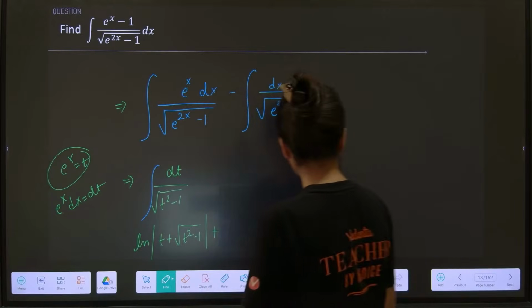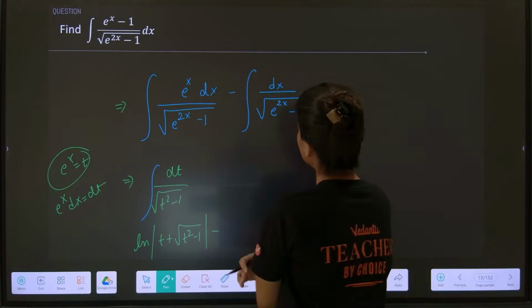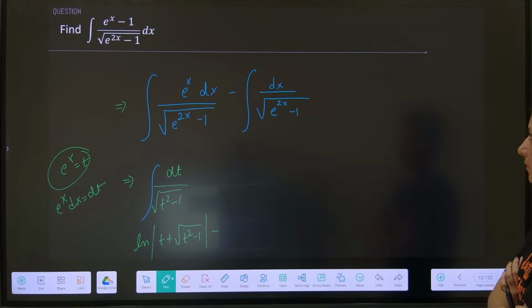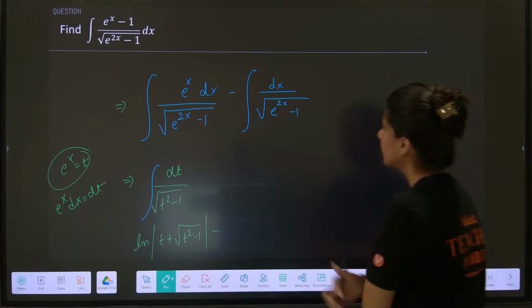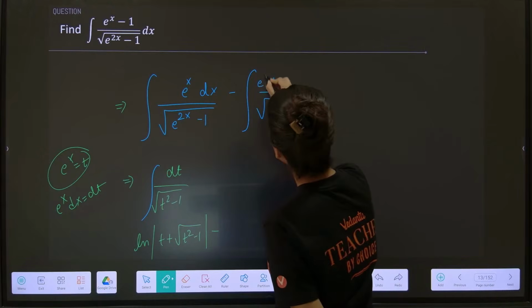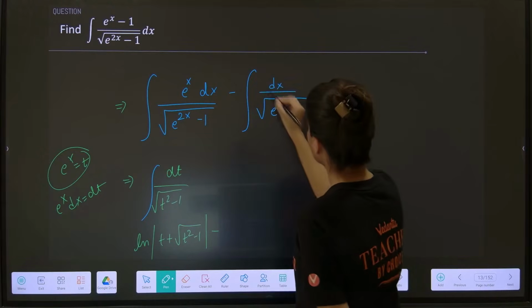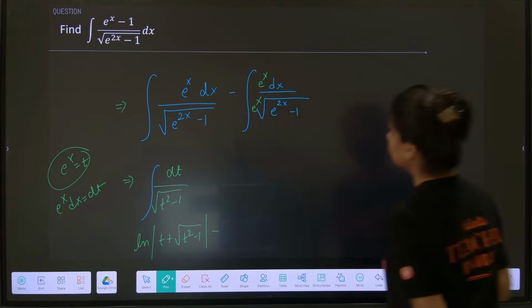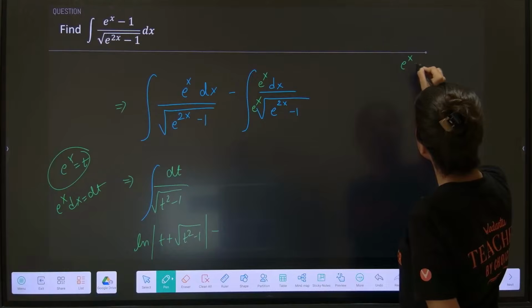Plus, what about this? Not plus. What about this now? Okay. So what if I multiply by e power x and put e power x equals t?